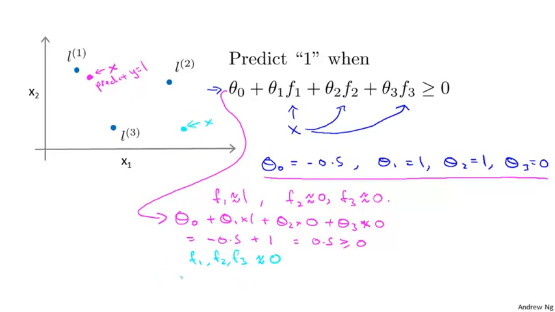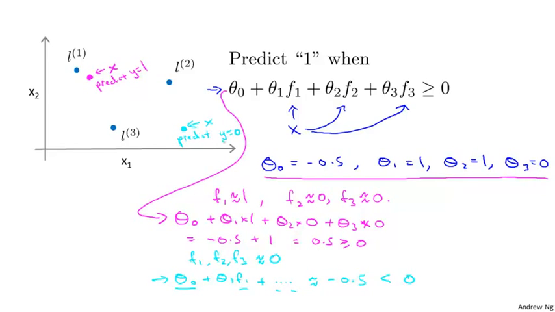And so we have theta 0 plus theta 1 f1 plus so on, which will be about equal to minus 0.5, because theta 0 is minus 0.5 and f1, f2, f3 are all 0. So this will be minus 0.5. This is less than 0. And so at this point out there, we're going to predict y equals 0.